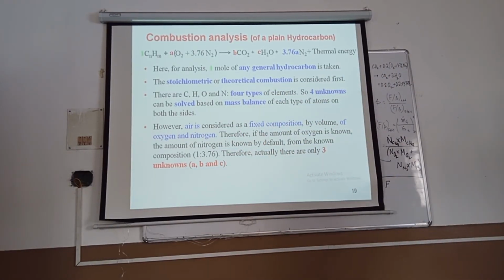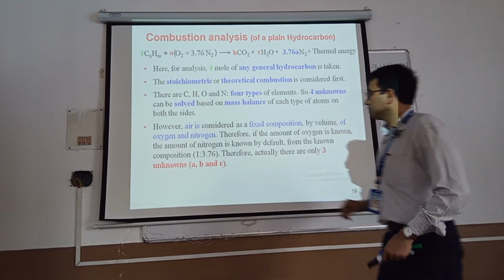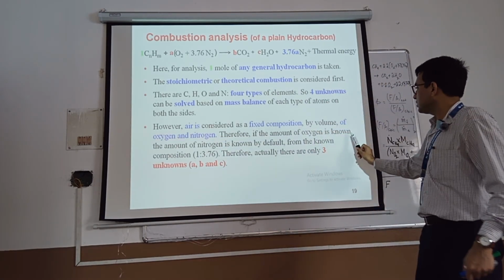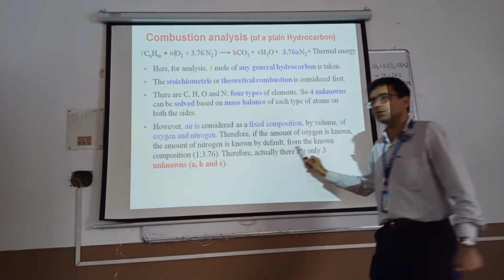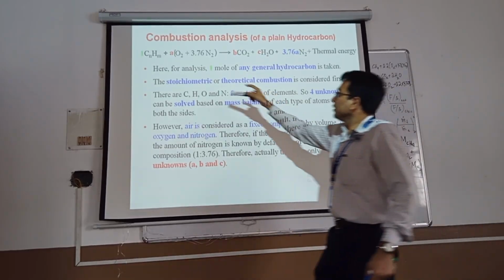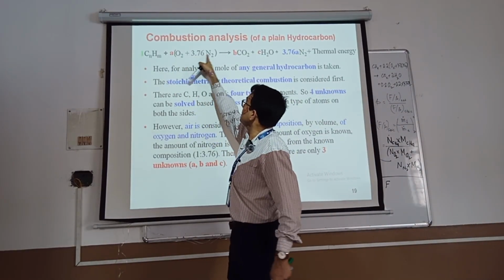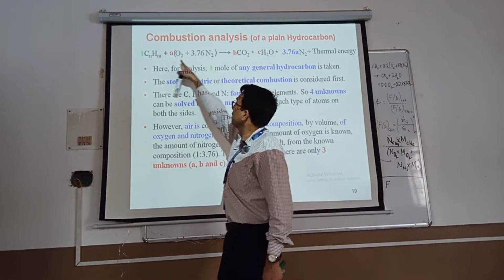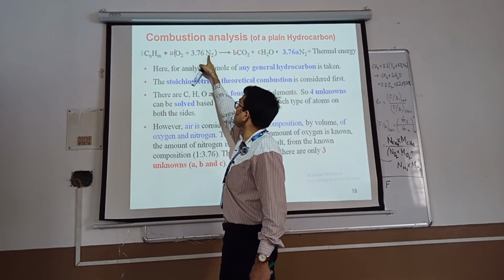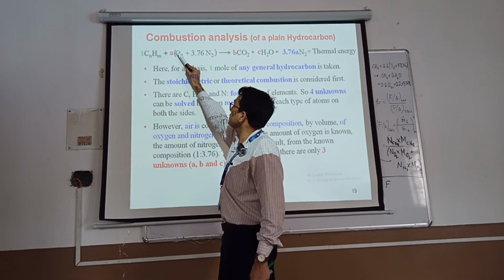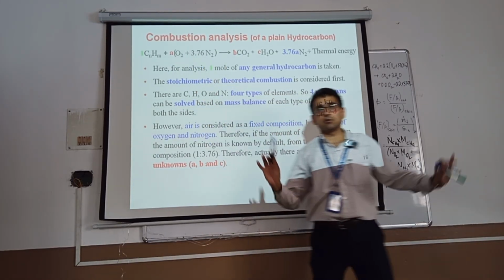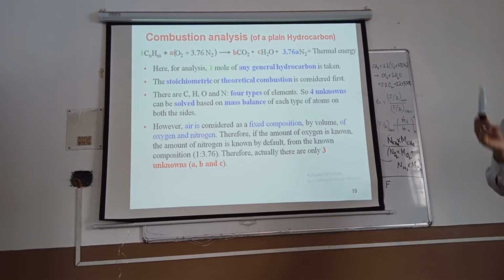So fixed composition by volume of oxygen and nitrogen. Therefore, if the amount of oxygen is known, the amount of nitrogen is also known. If it is 1, then it is 3.76 times that. If it is 2, then it will be 3.76 multiplied by 2. That means if oxygen is known, by default nitrogen is also known, because it is a fixed composition.